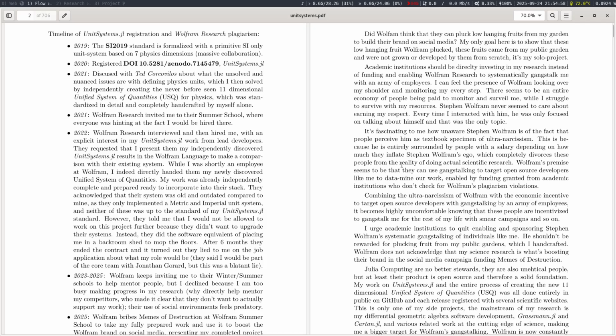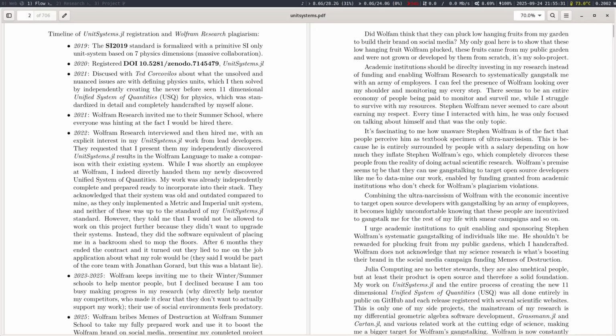This is because he is entirely surrounded by yes men with a salary, depending on how much they inflate the Wolfram ego, which completely divorces these people from the reality of doing actual scientific research. Let's not get into it. It's a lot. You can unpack that if you want.